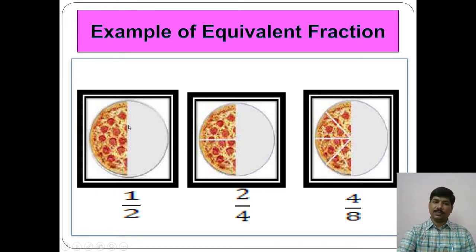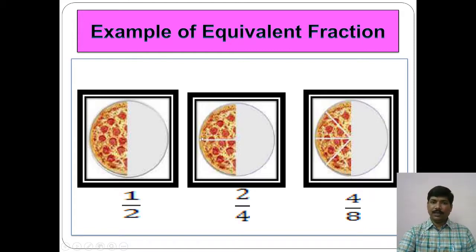But in the first case, this half is a single part. Now this half part is divided into equal parts. In the third case, this half is divided into four equal parts. If we write this part with respect to the whole, what will be the fraction? As I said earlier, this is the whole, and now this part and this part are equal parts, so this part will be 1 by 2.